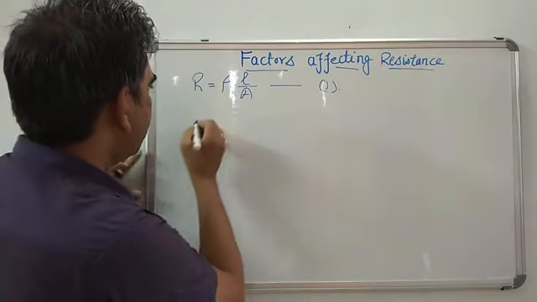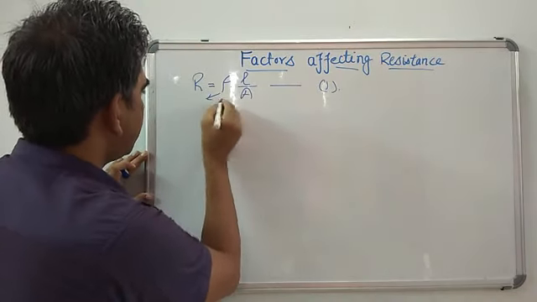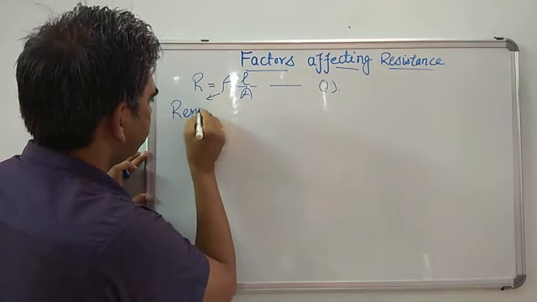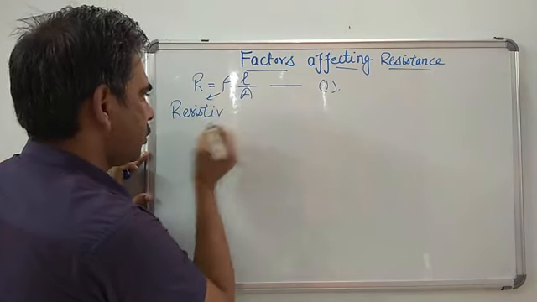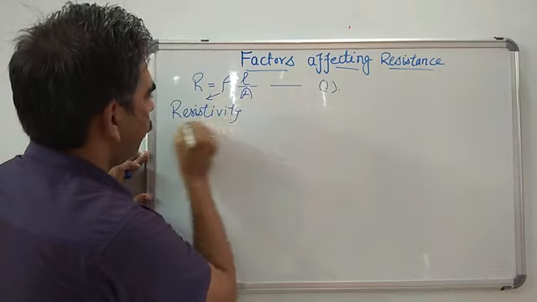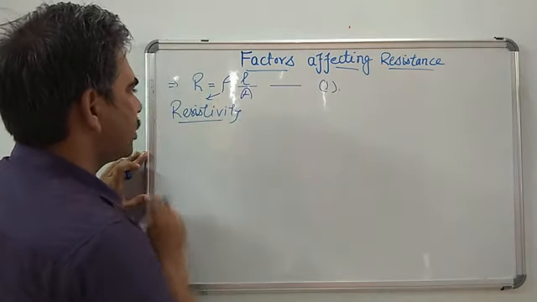So if we try to understand what resistivity is, it is also a constant for the material of the conductor of which we are calculating the resistance using this formula.